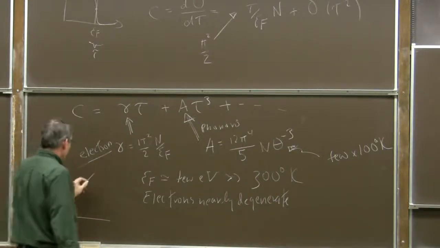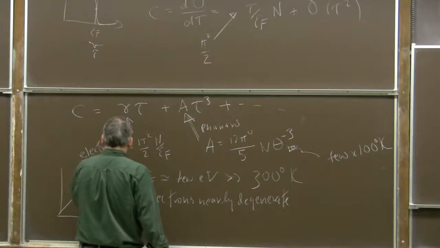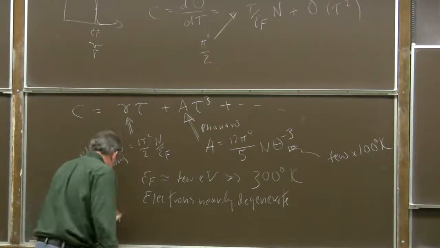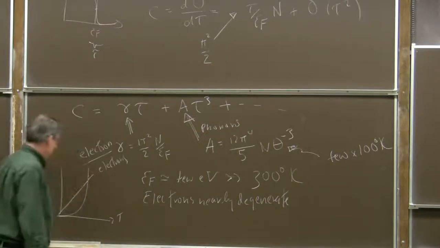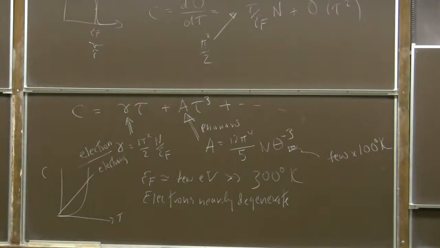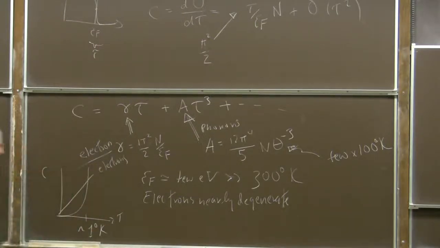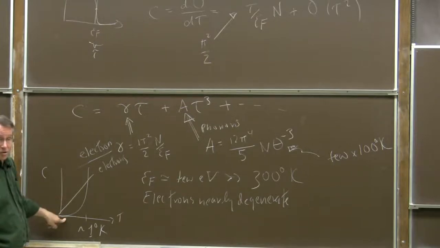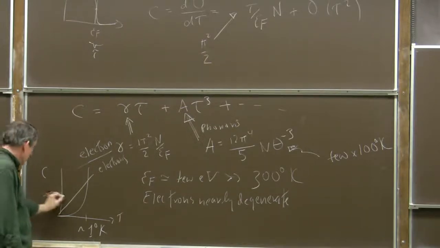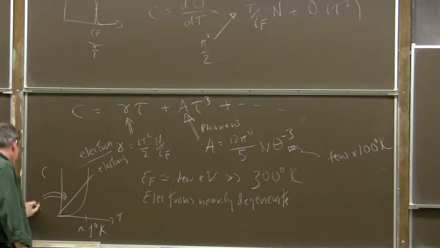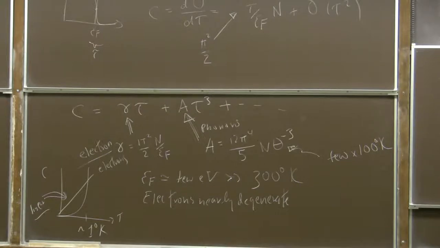There's a linear contribution from the electrons, the cubic contribution from the phonons, and they typically cross over at about 1 degree K. At lower temperatures, the linear term is dominant, and experimentally, the linear behavior of heat capacity at low temperature is seen pretty accurately. Okay, so I think that's pretty much where we left off.